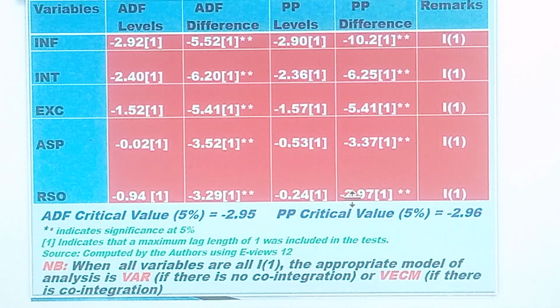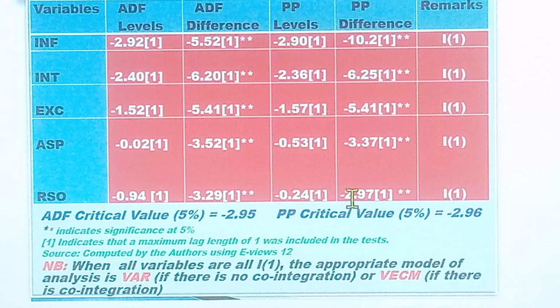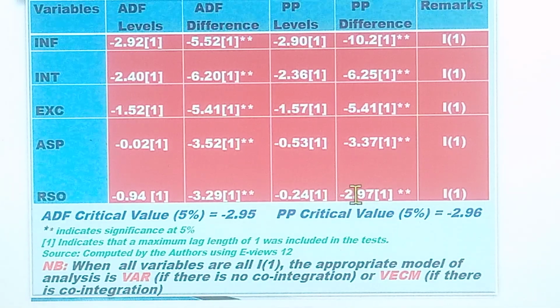That is, the moment you have determined the order of integration of the variables of your study to be I1, to know which model is appropriate, we first of all test for co-integration. If you test for co-integration, perhaps using the Johansen co-integration procedure, we're going to look at it in our next video, and the variables are found to be co-integrating.